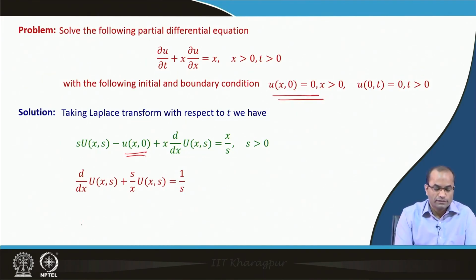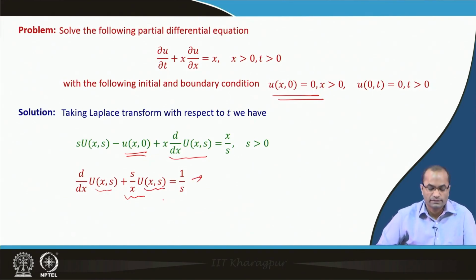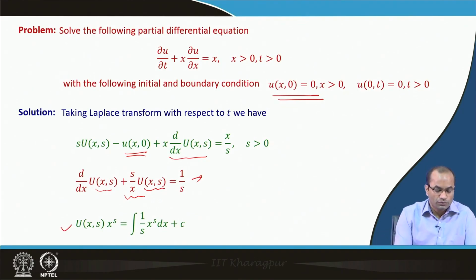So this term will vanish and we have d/dx U(x,s) plus s over x U(x,s), and the right hand side is 1 over s. That is again a linear differential equation, and we can think about the integrating factor.